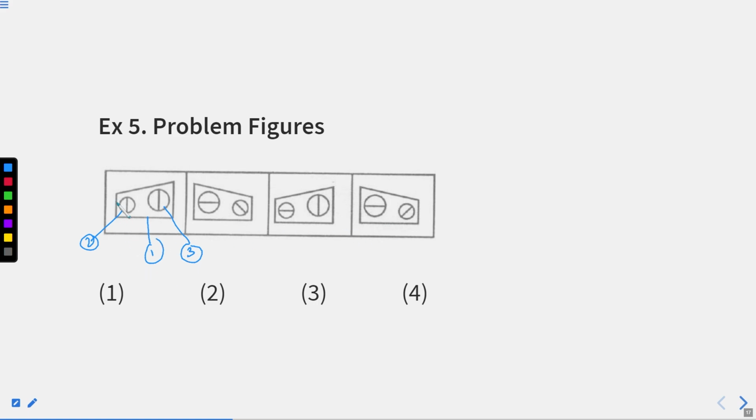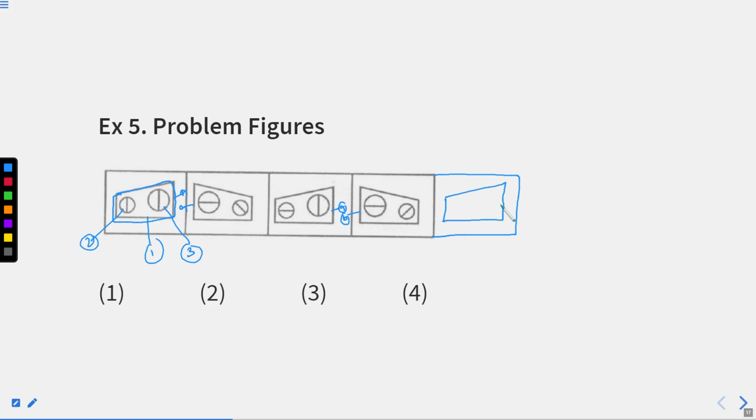The figure which is outside has the larger side on the right side here, on the left side here. Let's mark this part as A. A is on the right side, A is on the left side, A is on the right side, A is on the left side. So when we redraw our figure, we will get it like this.